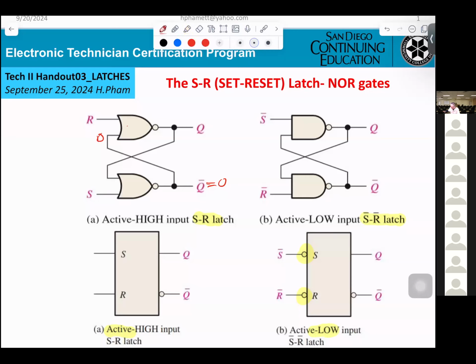What does that mean? When we say set, that means Q equals 1, and R means reset, Q equals 0.